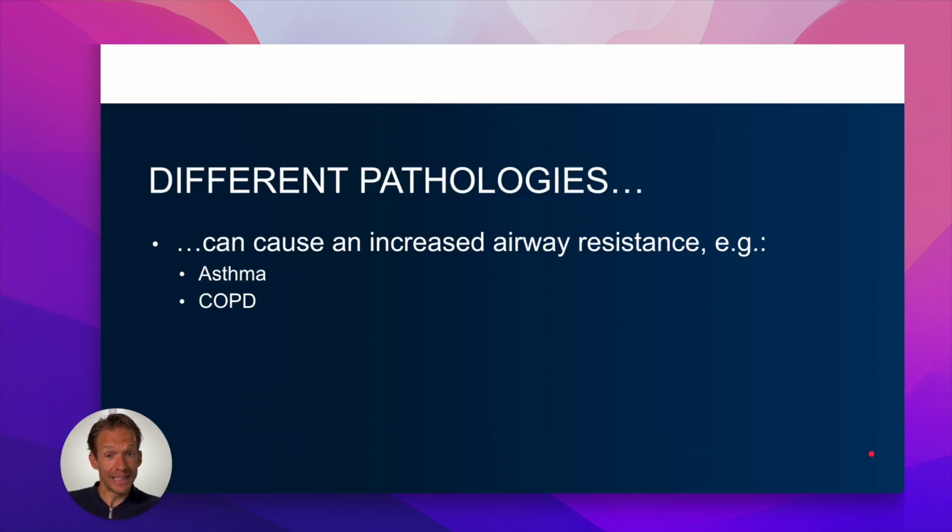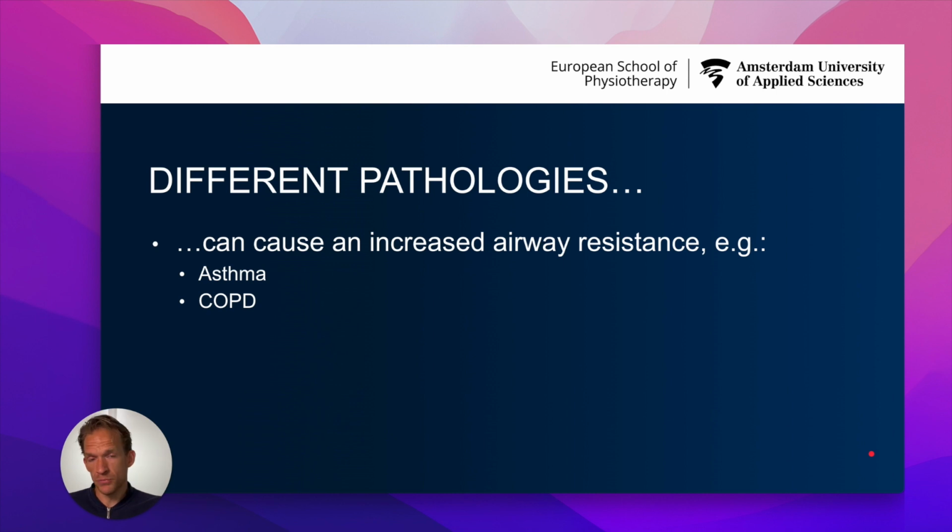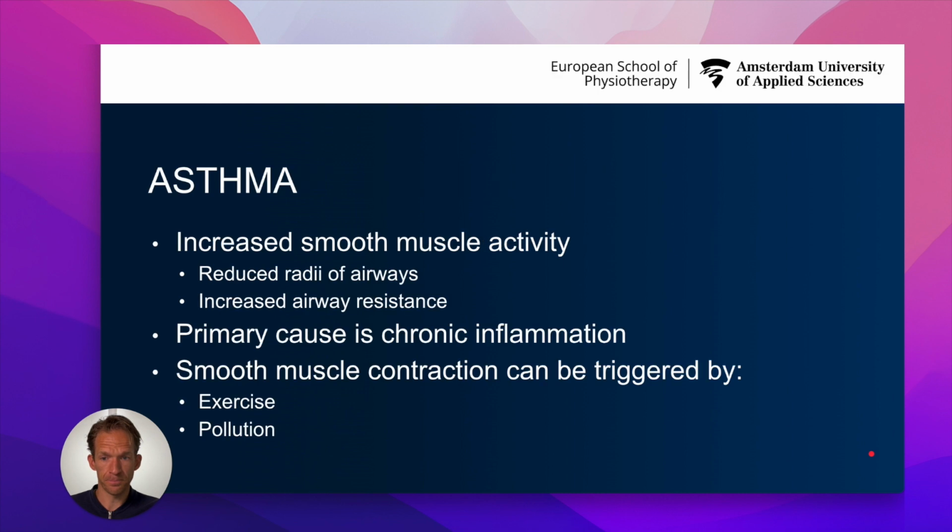So what about the clinical application? Well, in this course, we're going to focus on just 2 obstructive examples, asthma and COPD. Both will have an increased airway resistance. The underlying pathology, though, will be different. In asthma, you will see that the radius of the airways is reduced, and that will cause an increase in the resistance.